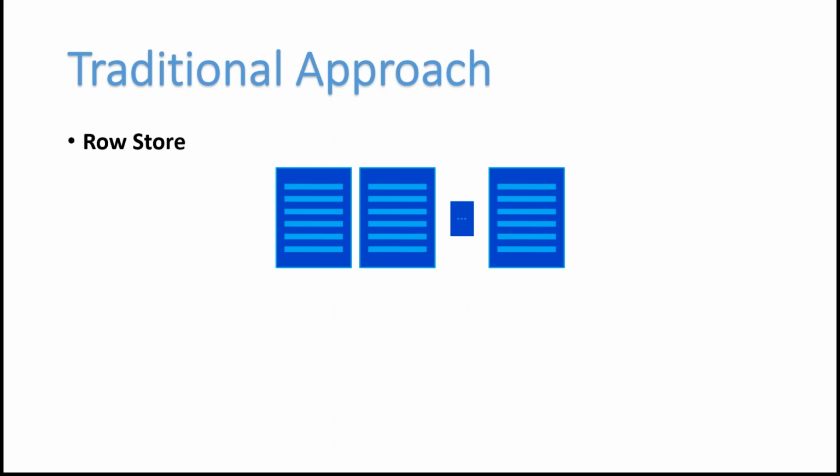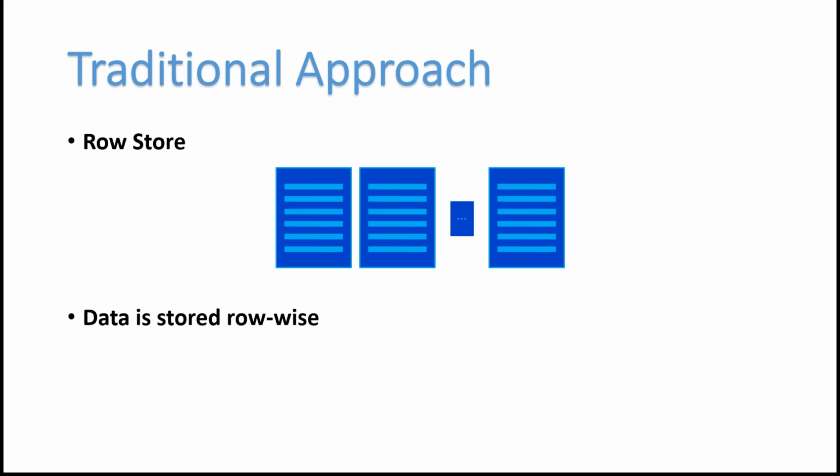So the traditional approach, as we said, developed around the 90s, was rowstore. We didn't know what rowstore was until Columnstore came in, but now we call it rowstore. Basically, we stored data in 8K pages, and each page holds data of one row or more.